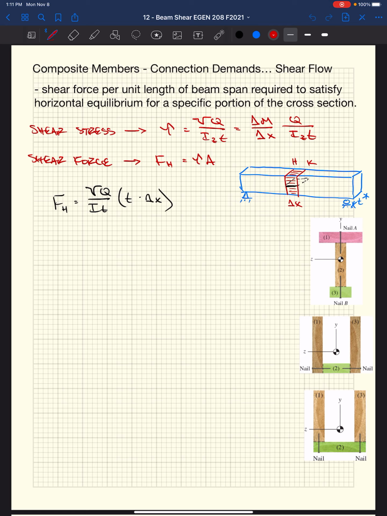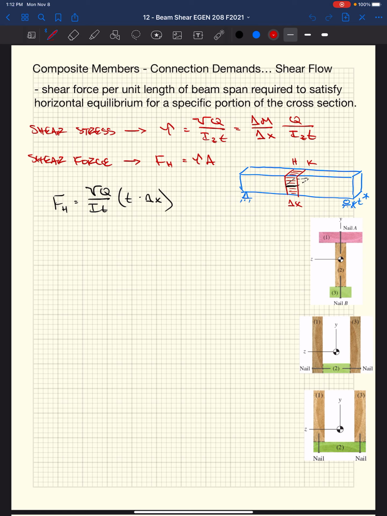We talked about Q, which is the area above whatever horizontal plane we're looking at the shear stress at, divided by the moment of inertia times its thickness, which is that same shear plane that we cut. What is the width of our cross section along that cut plane? And so from that, we can figure out that shear is the change in moment with respect to the distance along the length, so that's delta M over delta x. And then we have Q over It.